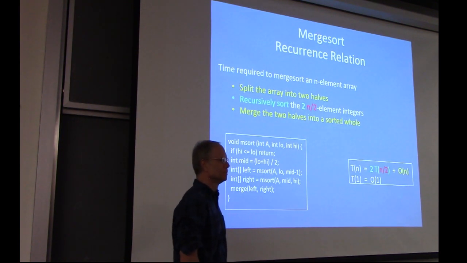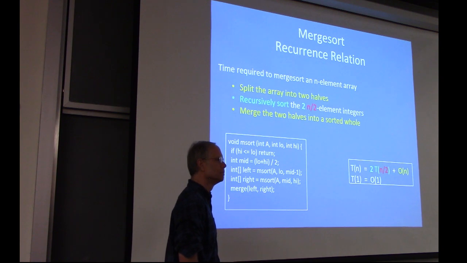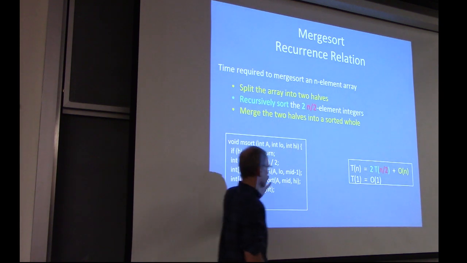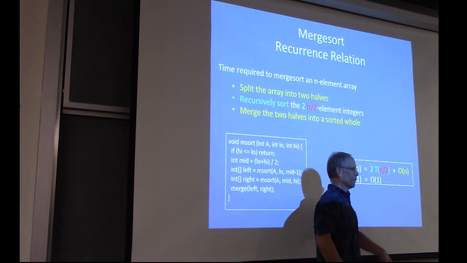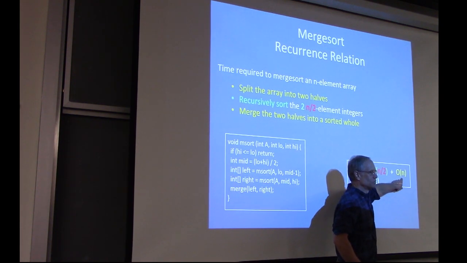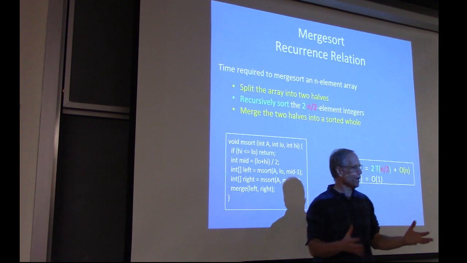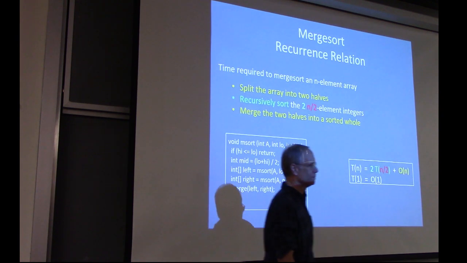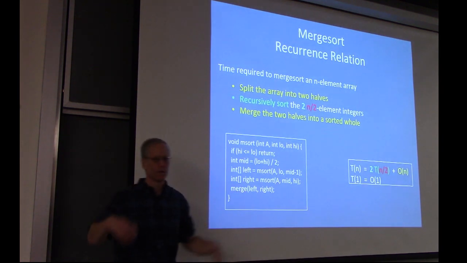If we could merge in constant time, then this would be over 1. But forget about the copying part. You can't even do the merge in constant time because you have to iterate through both arrays.